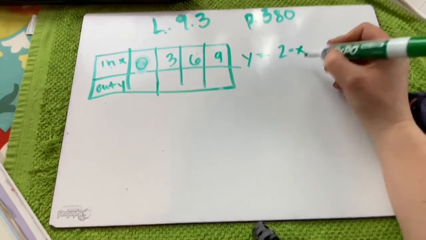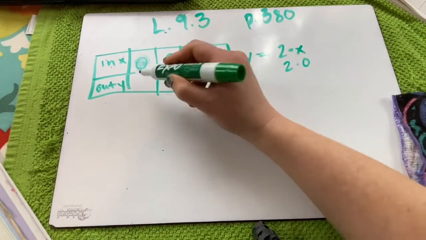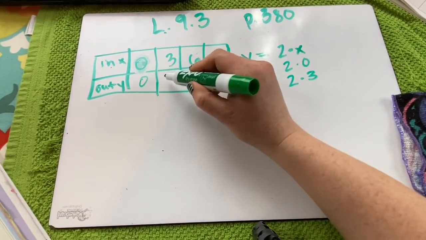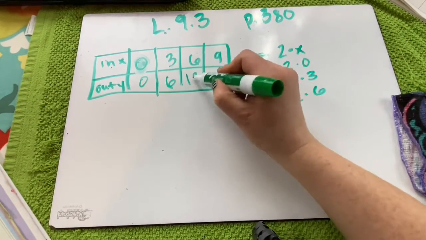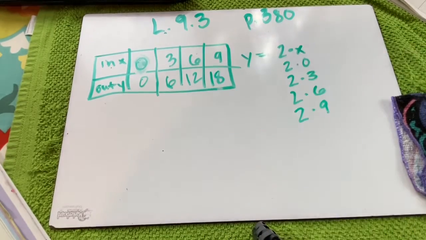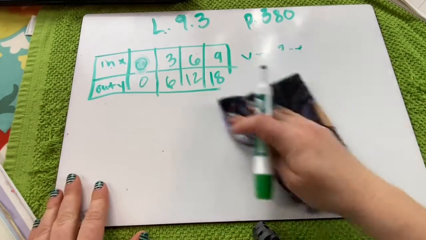Okay, so substitute in 0 right here. So 2 times 0 is 0. 2 times 3 is 6. 2 times 6 is 12. And 2 times 9 is 18. Okay? So that's how that works.